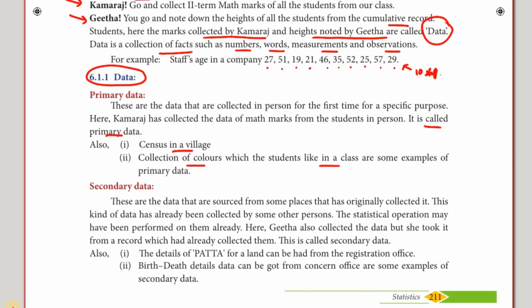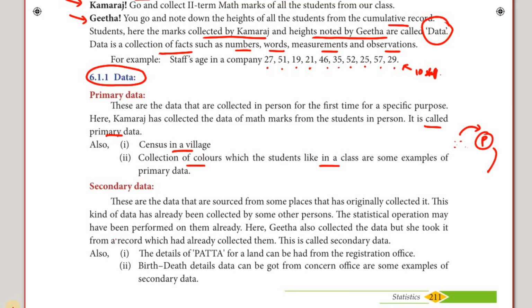Next is secondary data. So what are they? Basically these are the data that are sourced from some place that has originally collected it. So what is primary data? Suppose someone collected some information, so this is primary data.